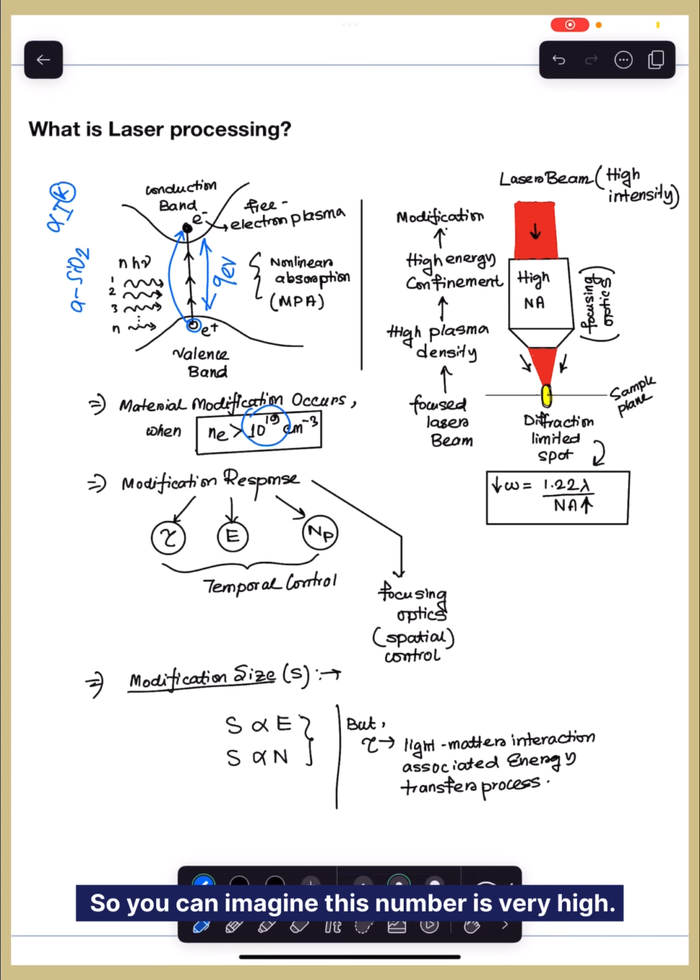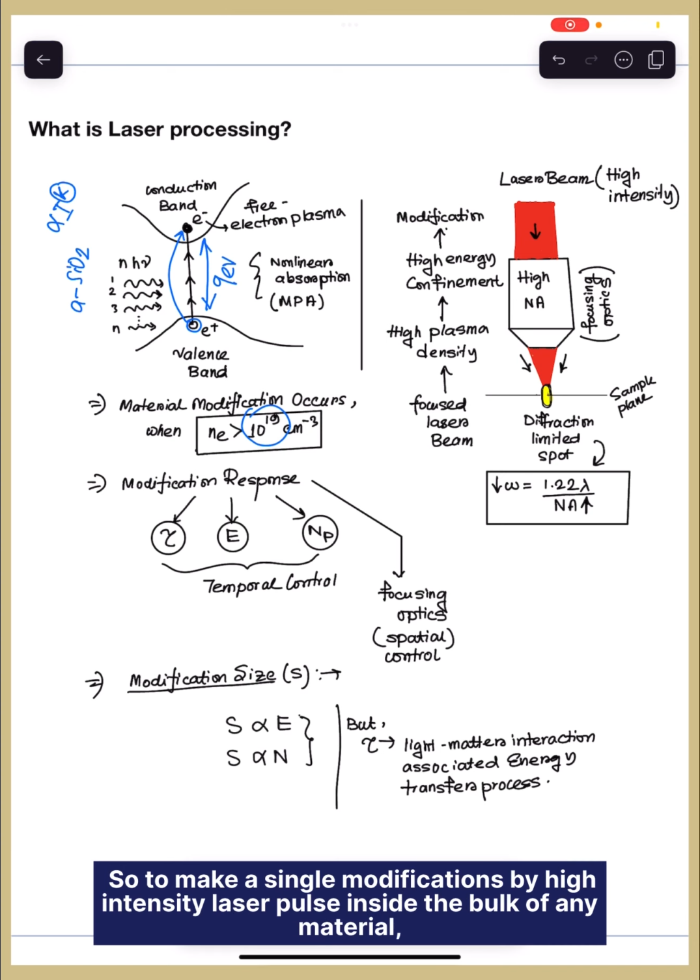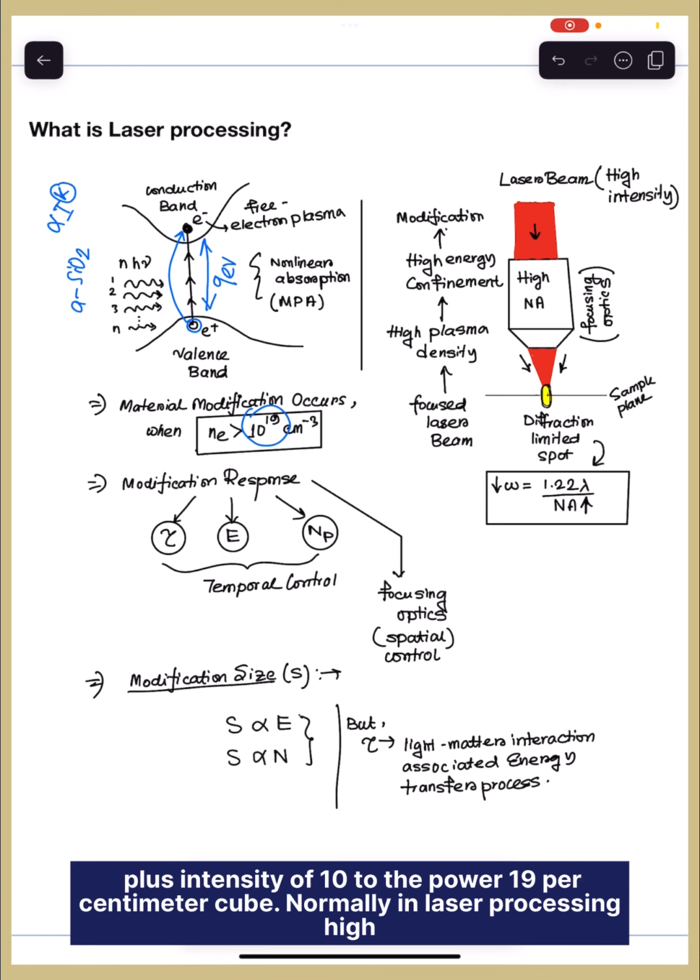So you can imagine this number is very high. So to make a single modification by a high intensity laser pulse inside the bulk of any material, we require a plasma density of 10 to the power 19 per cubic centimeter.